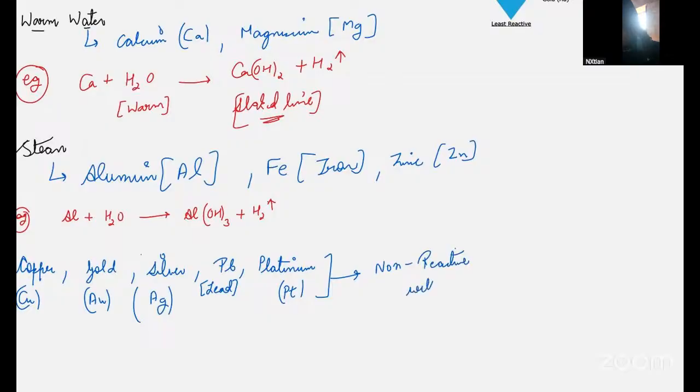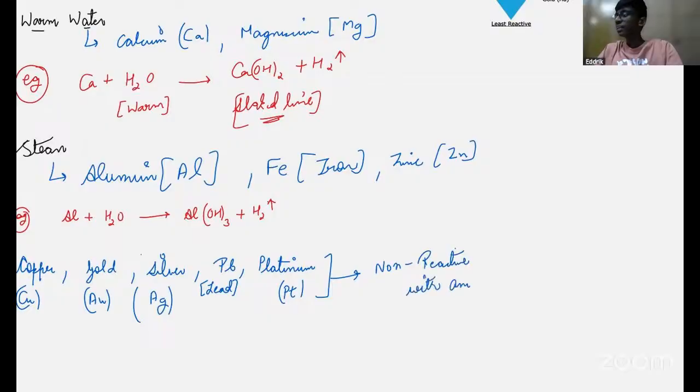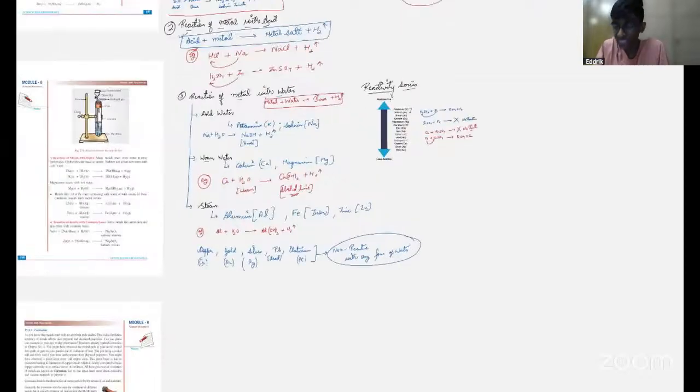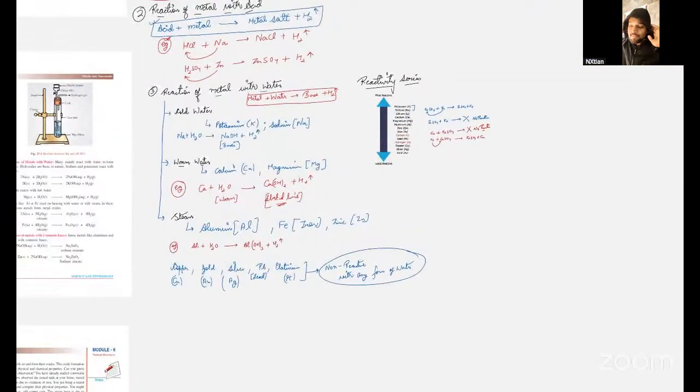What about lithium and beryllium? Where are they in the reactivity series of water? We will not go too deep into this. We will just learn that there are three types of water: cold water, warm water, and steam.